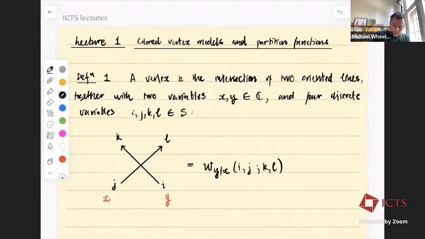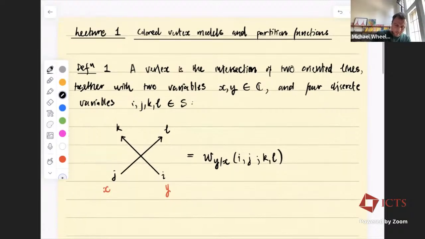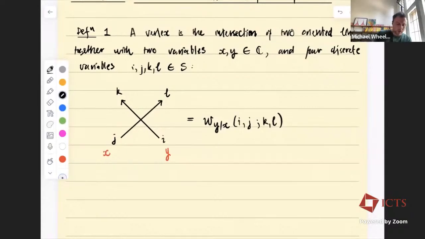Okay, so just some terminology for people who may not be familiar with this kind of thing. So x and y, these are usually what are called spectral parameters. I may just refer to those as spectral parameters as we go. And the four variables around the edges, these are going to be what are called state variables.